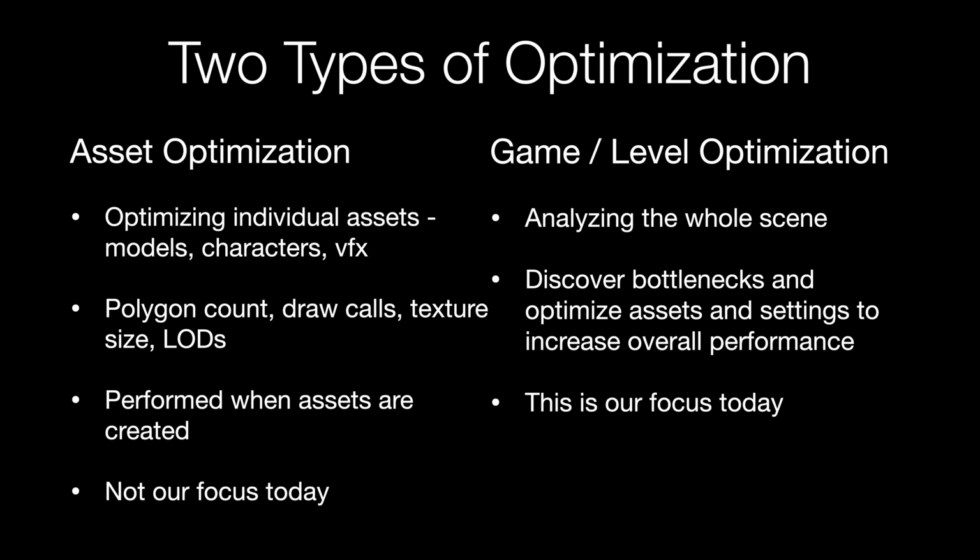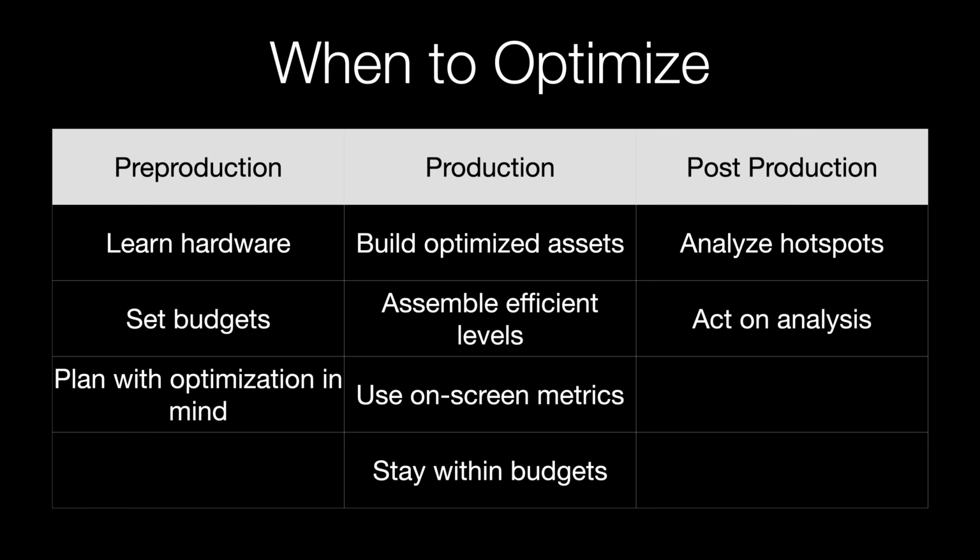And we went over 2 different types of optimization: asset optimization and level optimization. We ended the first video talking about how optimization is a process that should be performed throughout the whole development cycle and not just tacked on at the end.